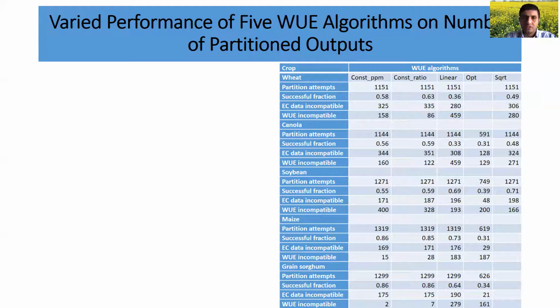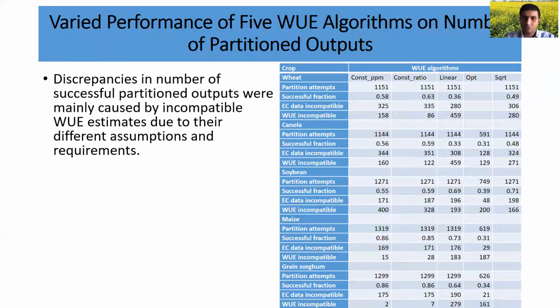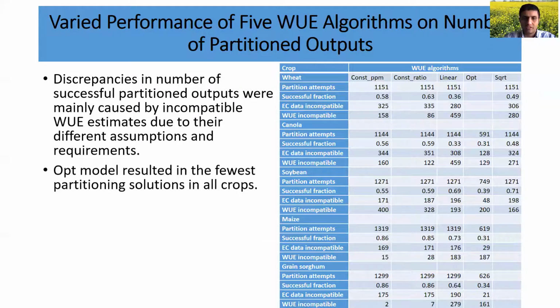Here we saw the varied performance of 5 different water use efficiency algorithms on the number of partitioned outputs. Discrepancies in the number of successful partition outputs were mainly caused by incompatible water use efficiency estimates due to their different assumptions and requirements.